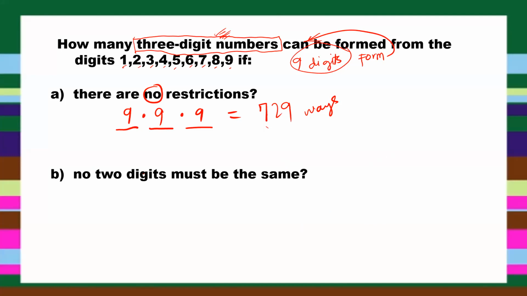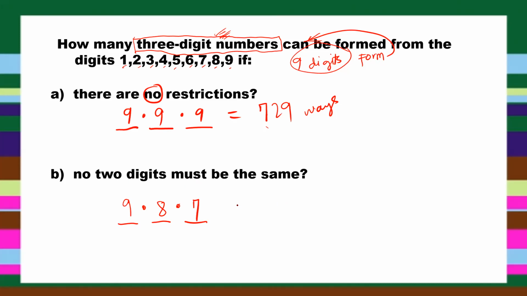How about if no two digits must be the same? Kung no two digits must be the same, pwede natin gamitin dito yung permutation. Hindi na natin gamitin yung box method. Meaning, you can simply multiply 9, 8, 7, kasi bawal na yung magkaparehong digit.